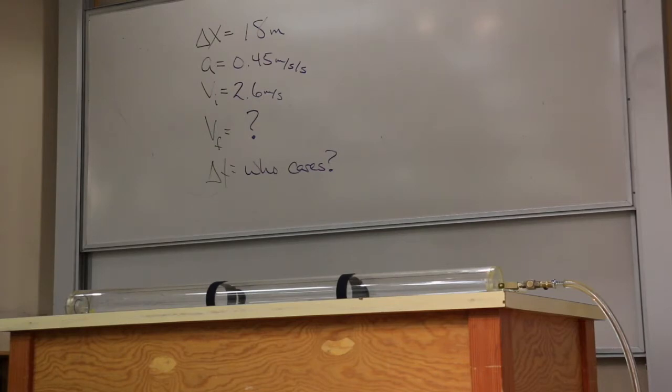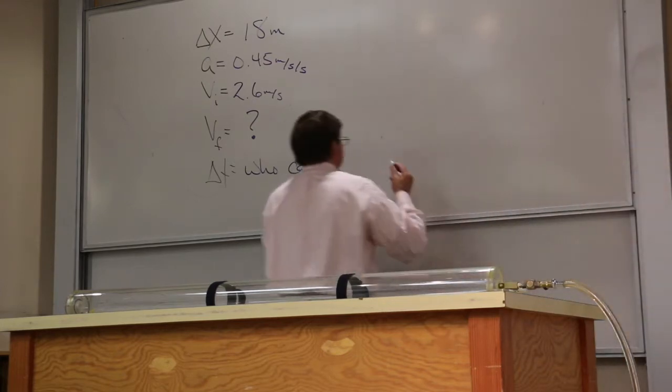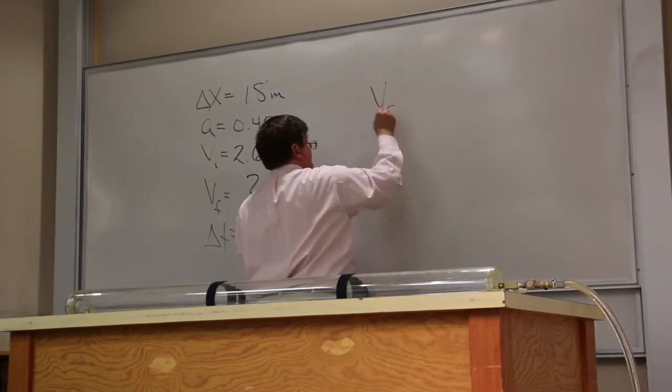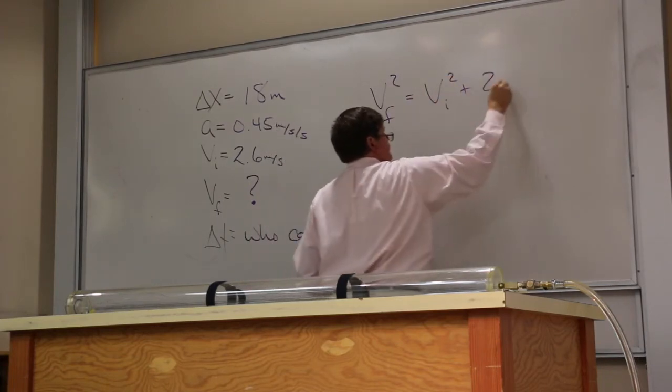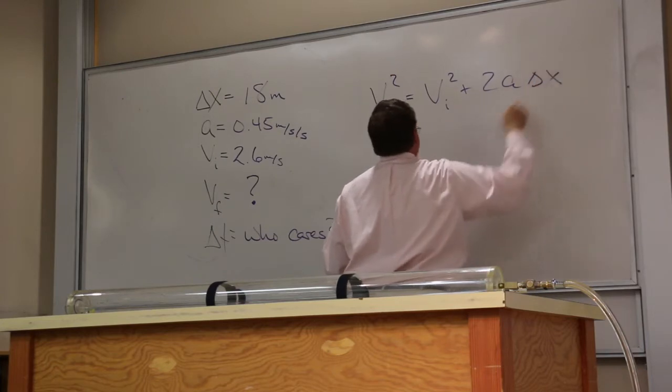Now remember, I told you last day, these equations will be on the front page of your midterm. This table will not. Okay? But we didn't use the table, we just looked for delta t's. And we found that we needed to use this equation. V final squared is equal to V initial squared plus 2a delta x.